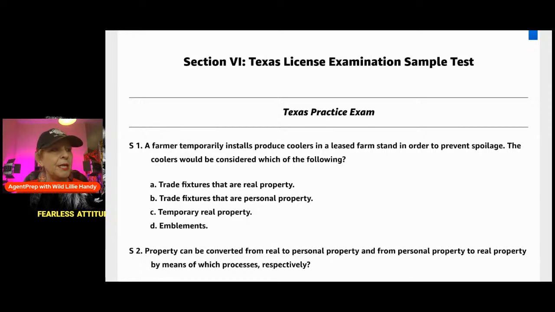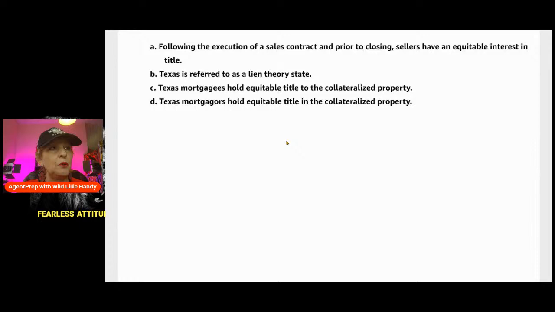The answer here is B, trade fixtures that are personal property. They go with the lessee, because they are only used for them. It is produce coolers.